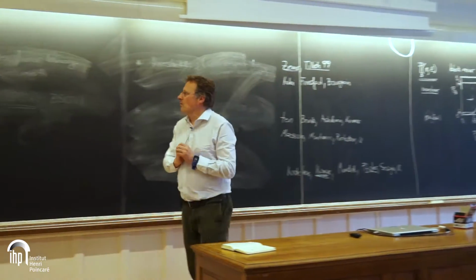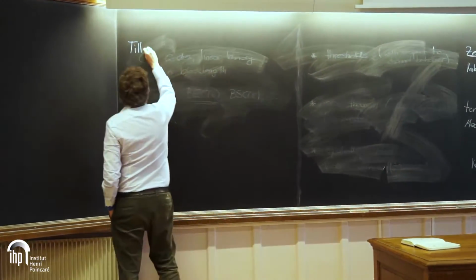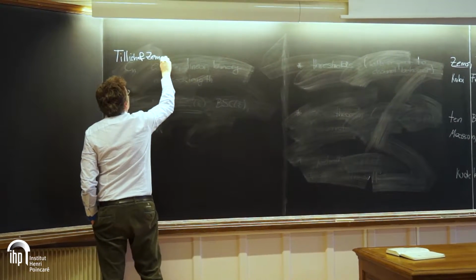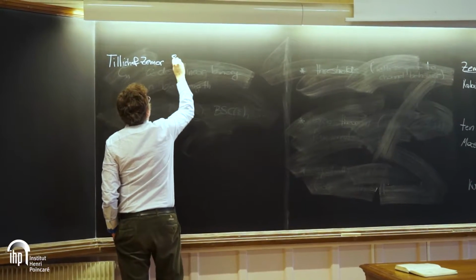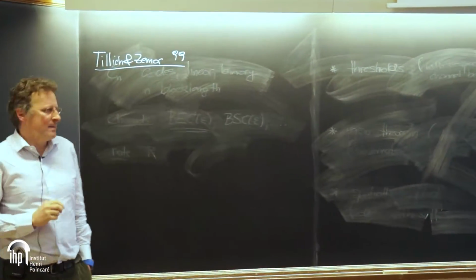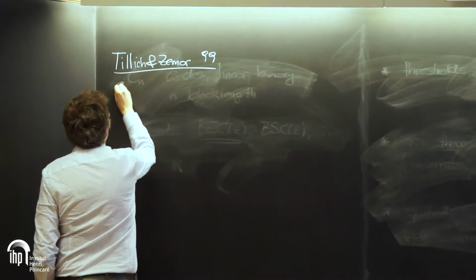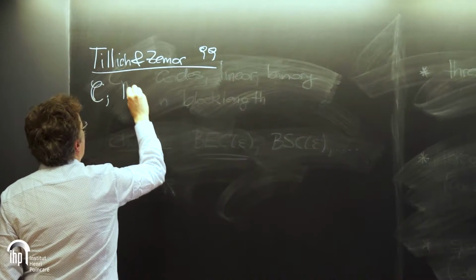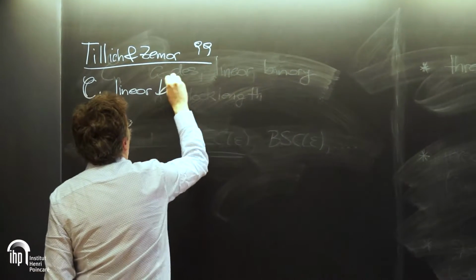Okay, so now the Tillich and Zemor result talks about a code C. It's going to be a linear block code.